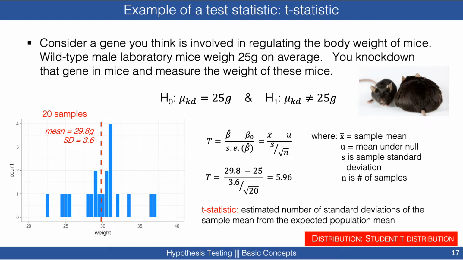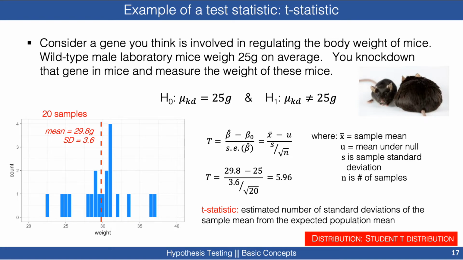Then a standard test statistic is the t-statistic described below, which, if you look at the formula, tries to first estimate the standard error around the mean, that's the s divided by the square root of the number of samples, and then tells you how many standard deviations of this estimated error around the mean the computed mean is from the theoretical mean.